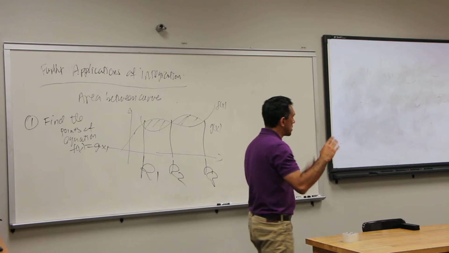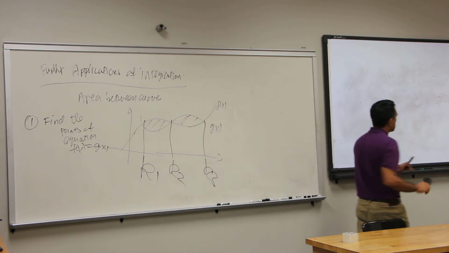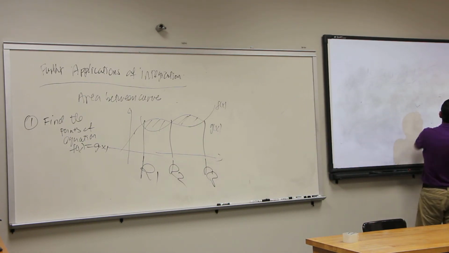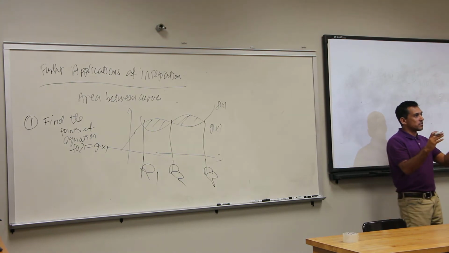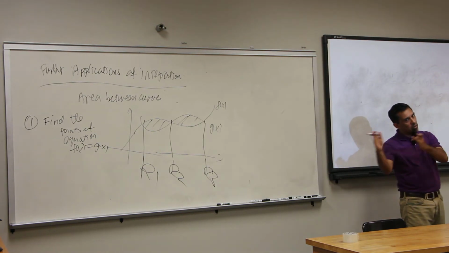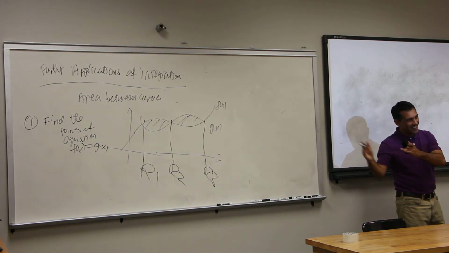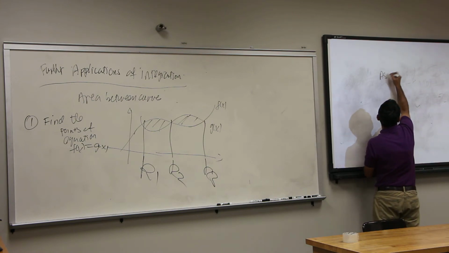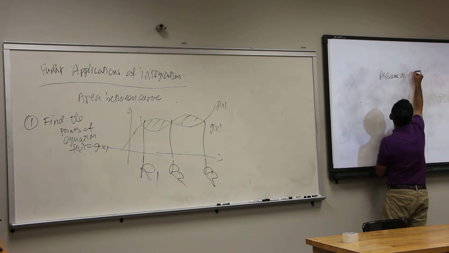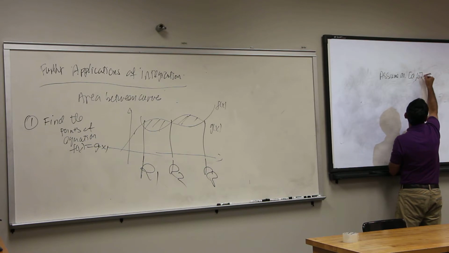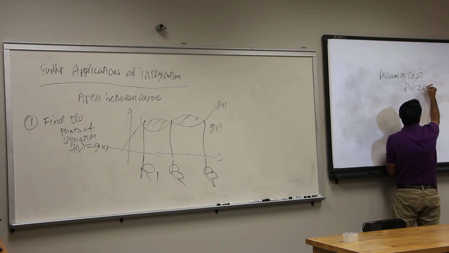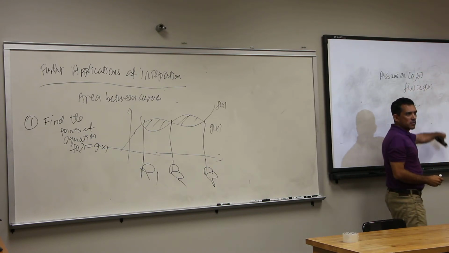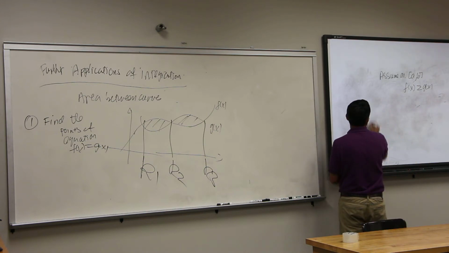So I'm going to assume we're looking at one interval. Just on one interval. And then, of course, you will do this procedure on every interval. All right? So assume on the interval a to b, f of x is bigger than or equal to g of x. So then you want this area here.